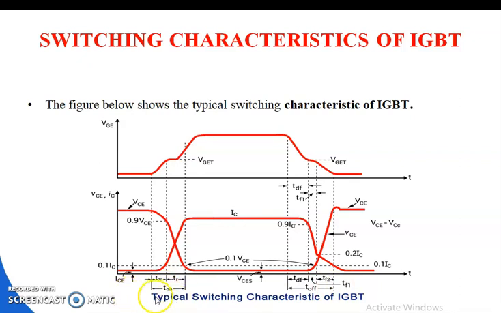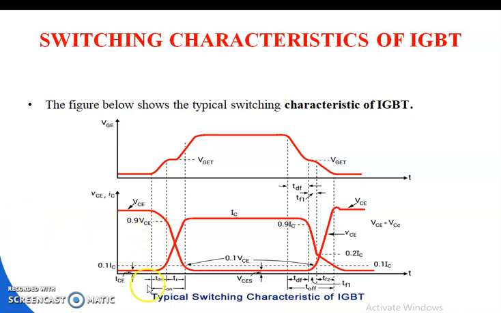Then come to the T on, the on process. During the on process, first comes TDN, the turn on delay time. The turn on delay time is defined as the time taken to fall the collector emitter voltage from VCE to 0.9 VCE.